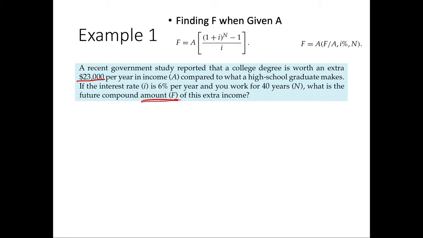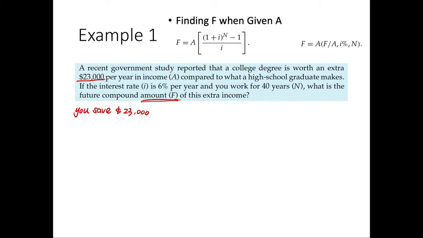To draw that diagram, you need to have a viewpoint, a perspective. So let's say the viewpoint is you save 23,000. That's the extra, okay? So we're just looking at the extra.